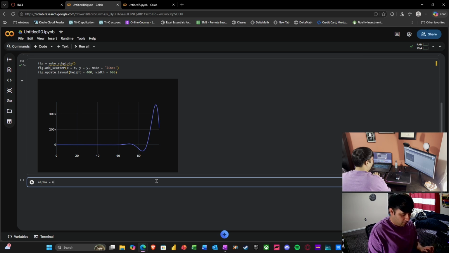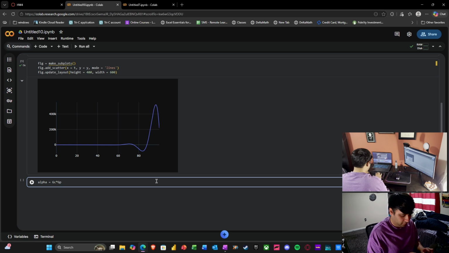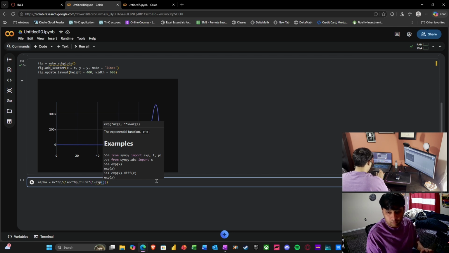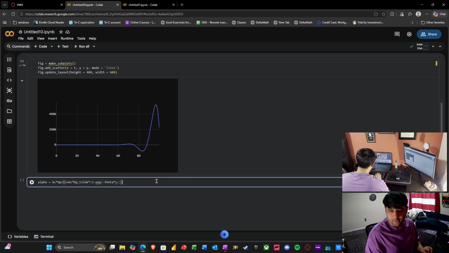So with alpha, GC times GP divided by 1 plus GC times GP, GP tilde, which is multiplied by 1 minus exponential of negative theta times s.